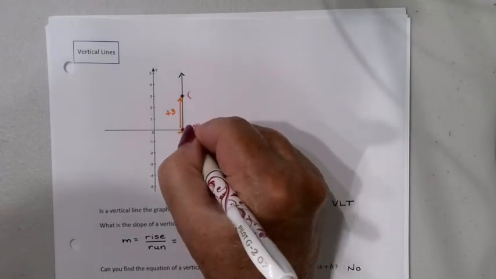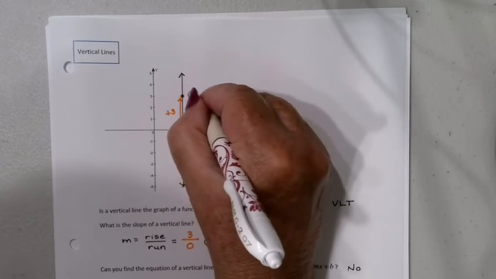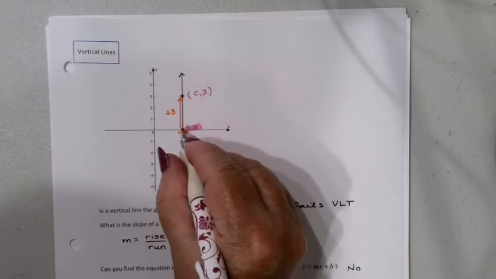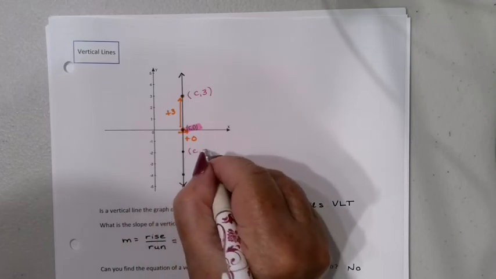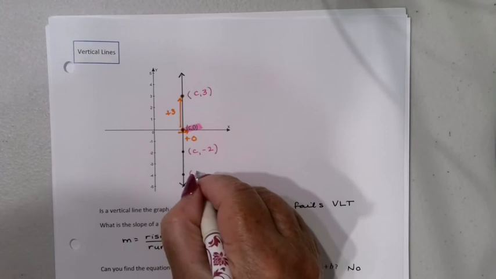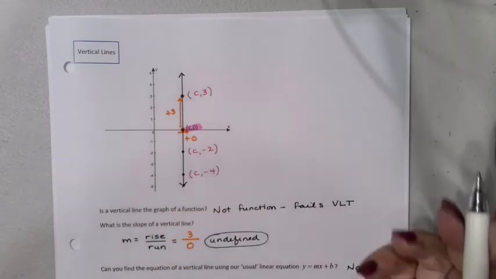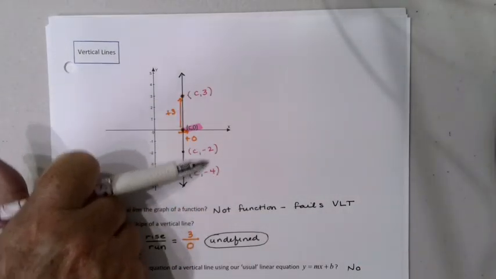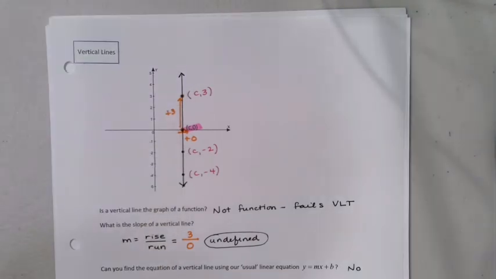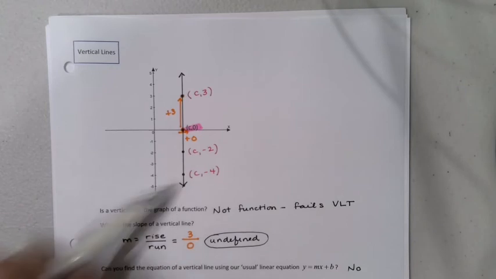This point would be C3. That point would be C-2. And this one would be C-4. So although the y values change, all of the x values on a vertical line are identical. And for that reason, the equation of a vertical line is just x equals whatever that constant value is.